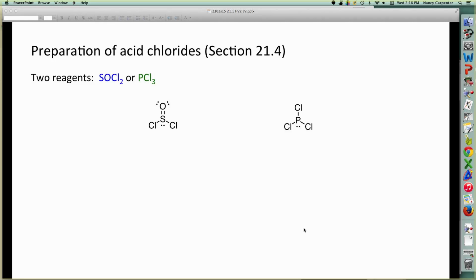So even though both the phosphorus and the sulfur bear a lone pair, they are both big-time electrophiles. And what's your nucleophile? Well, that kind of goes without saying. It's that nucleophile, it just happens to be tied up in the carboxylic acid.